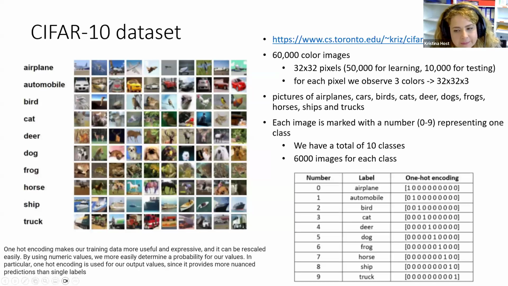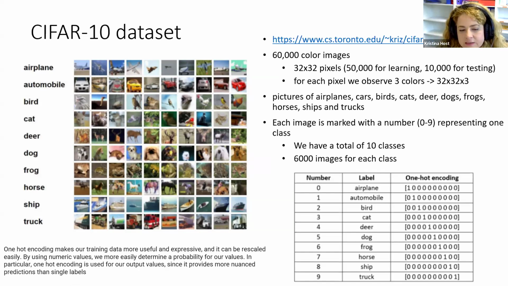This is how it's labeled. These are the true labels with words. And what we will use is one-hot encoding, which has zeros and a one for the category that we are looking at.